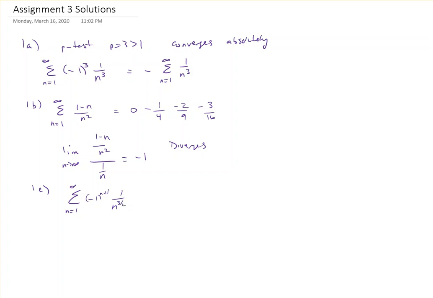But the fact that it's alternating is irrelevant because this guy right here would have converged already. This converges by the p-test. So it converges absolutely. The fact that it's alternating doesn't even make a difference.